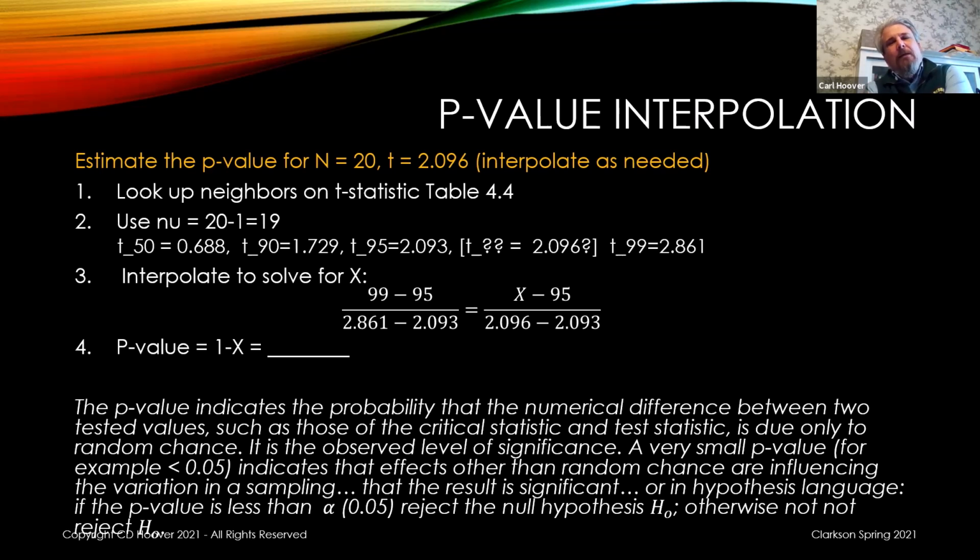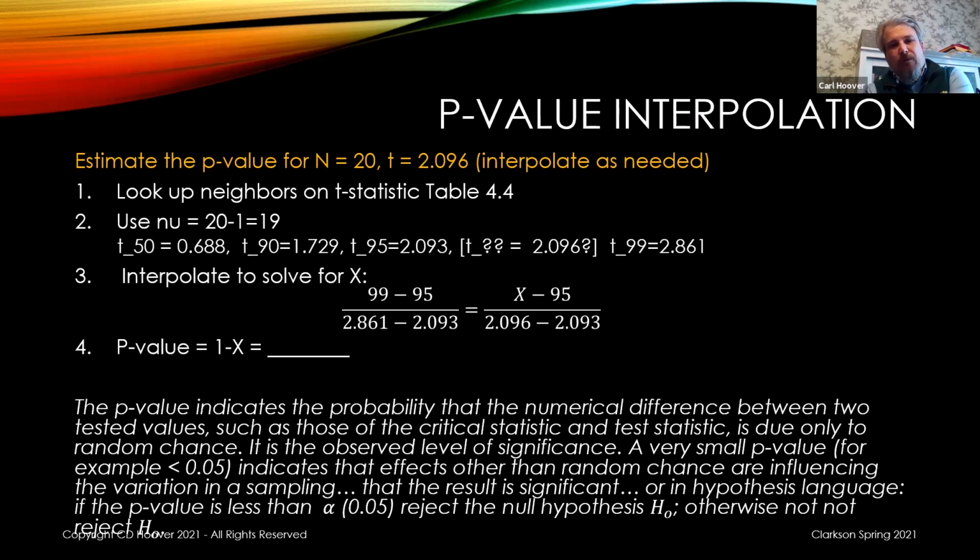So the p-value indicates the probability that the numerical difference between two test values, such as the critical statistic and the test statistic, is due only to chance. If you have a small value, less than some threshold, 0.05 is often used, that's an indicator that there might be some significance to that test, and maybe something other than random causing the relationship that's observed.